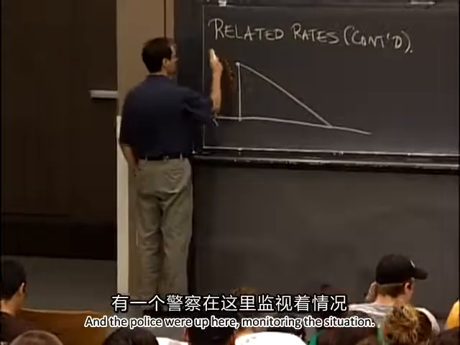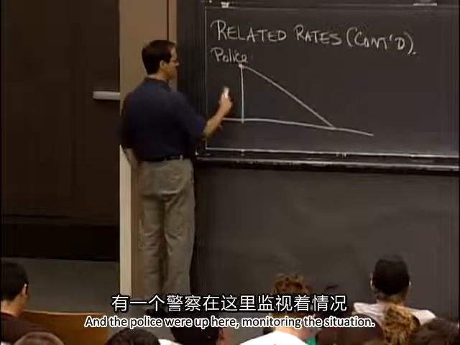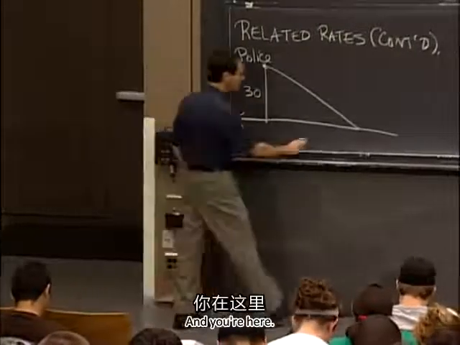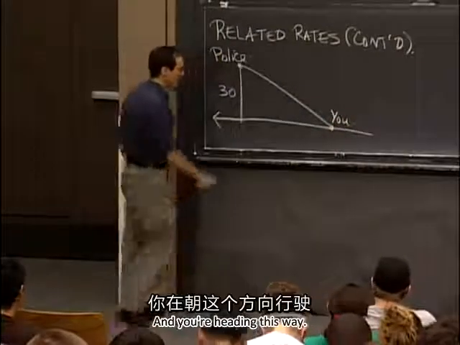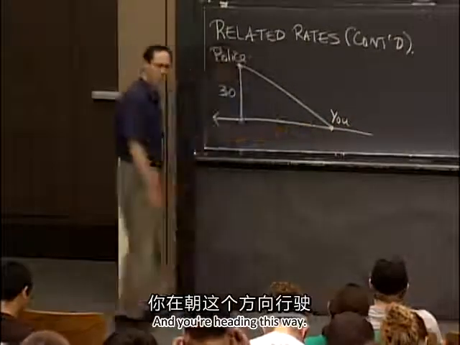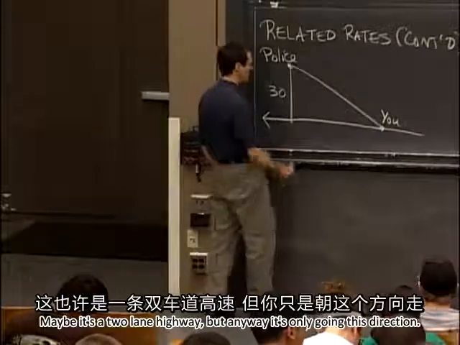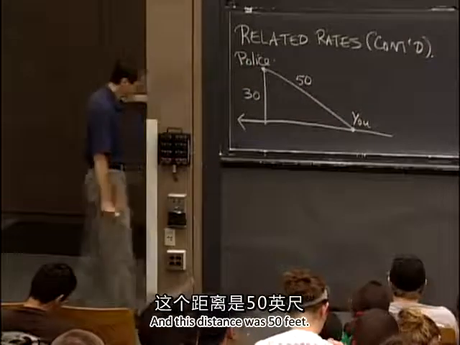And the police were up here, monitoring the situation, 30 feet from the road. And you're here. And you're heading this way. Maybe it's a two-lane highway, but anyway, it's only going this direction. And this distance was 50 feet.